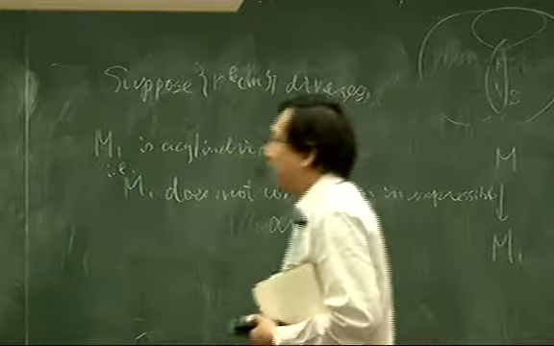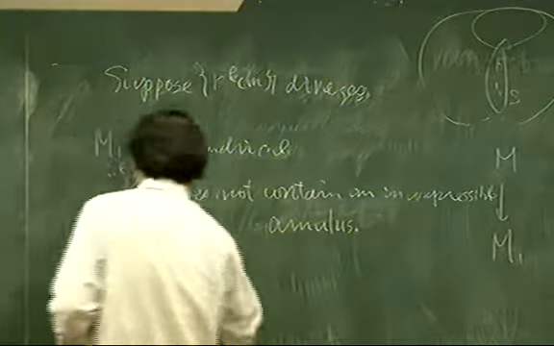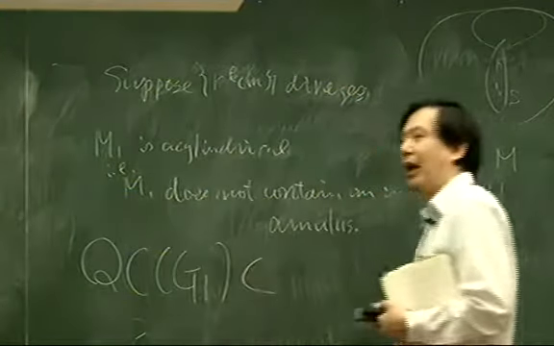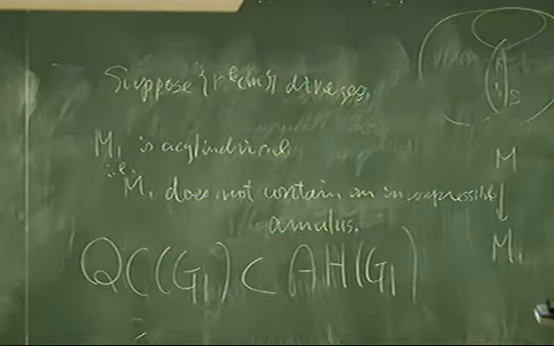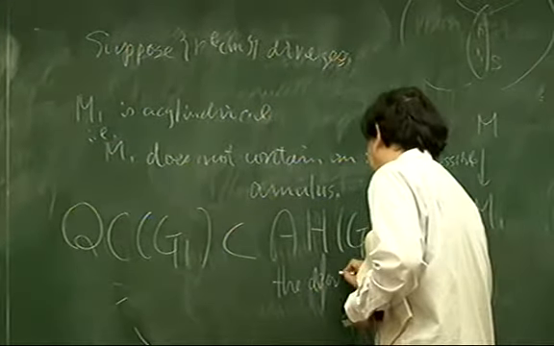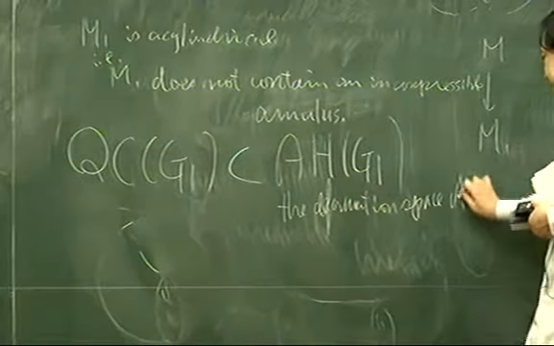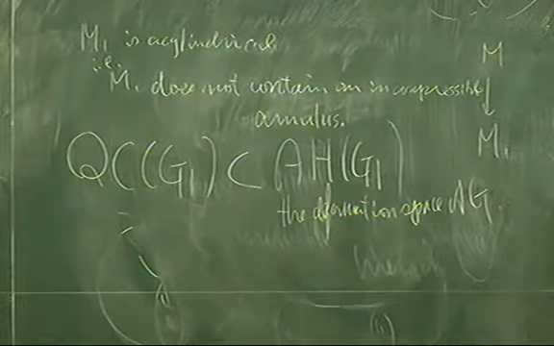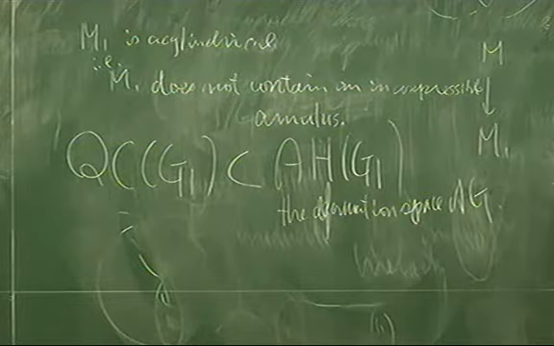Because the QC of G1 lies in a larger space, AH of G1, which I defined yesterday. It is the entire deformation space of it. That is the space of faithful discrete representations of G1 into PSL2C, modulo conjugation. Okay.